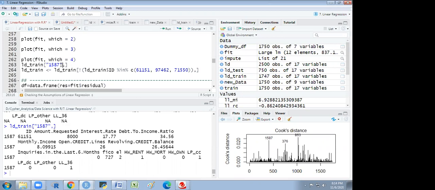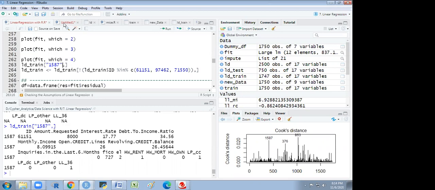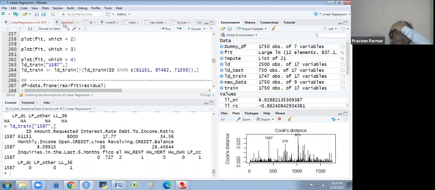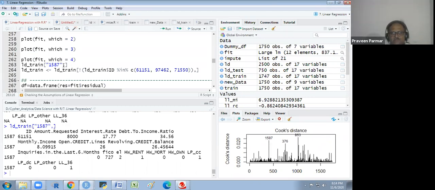Why, sir? Because we are getting here indexing of the total data set, before splitting. That indexing we are getting in our data set. So when I have to use the indexing of this data set, which we have partitioned already, I will write that indexing in quotes.